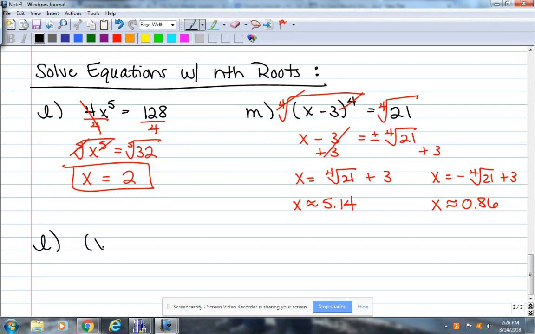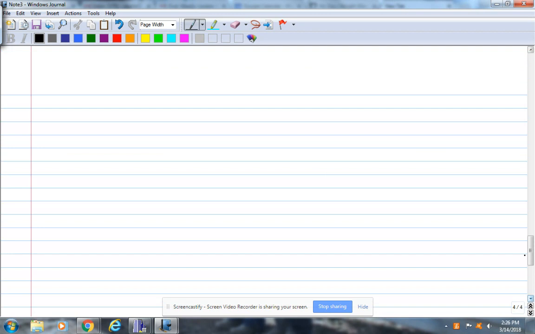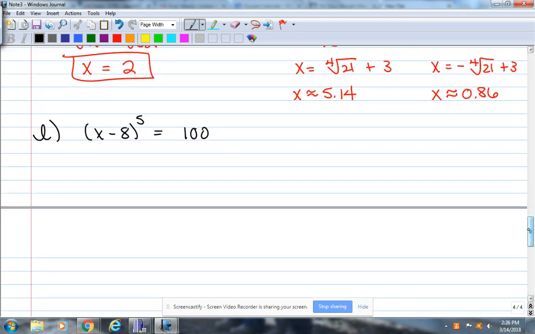So, parentheses, x minus 8 to the 5th power equals 100. So we want to get x completely by itself. Let me give myself some space, y'all. So what do we do first?